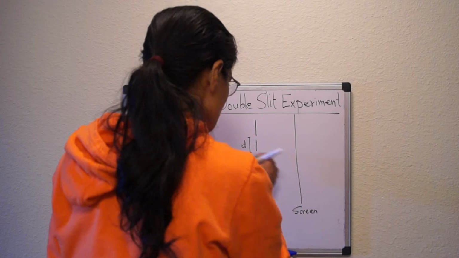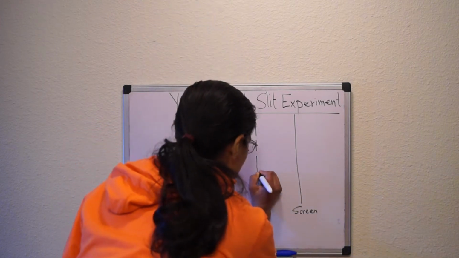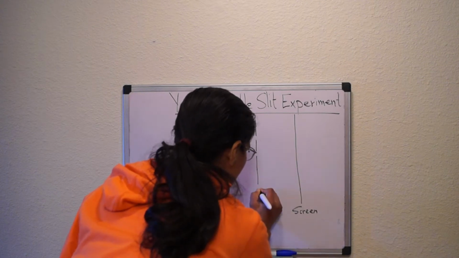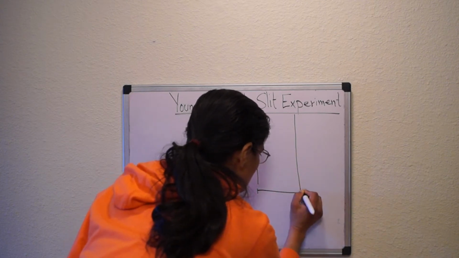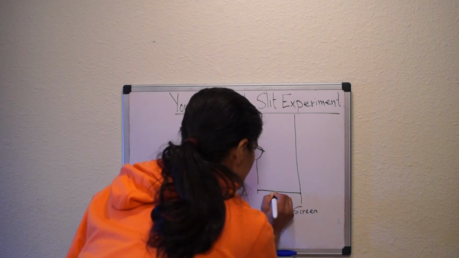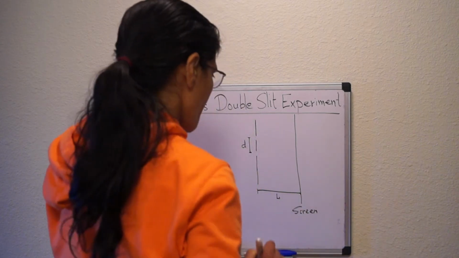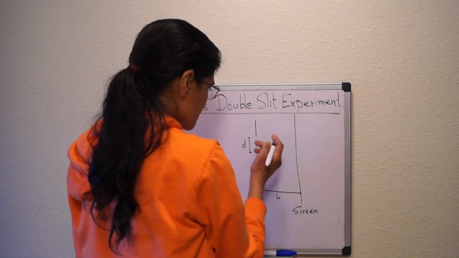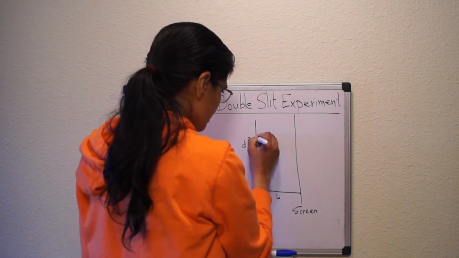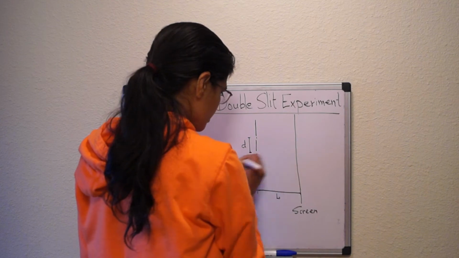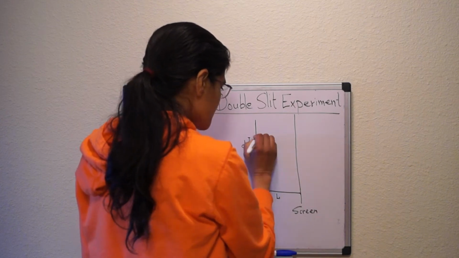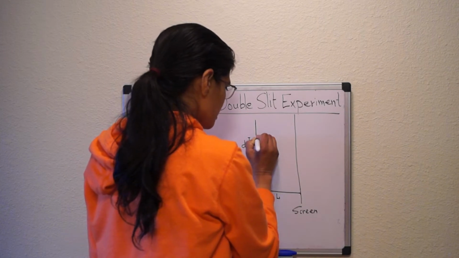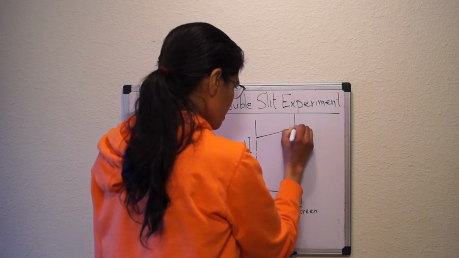Say the distance between the slits and the screen is L. So we put some source of light here, and you can make a dot, like a dot here, two dots, source. What happens is that light is going to go and then meet somewhere on the screen, right?